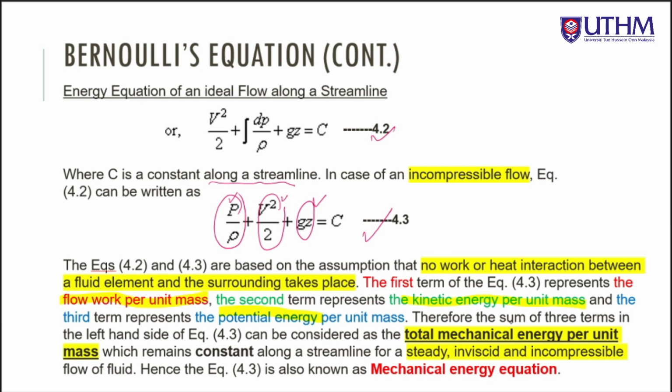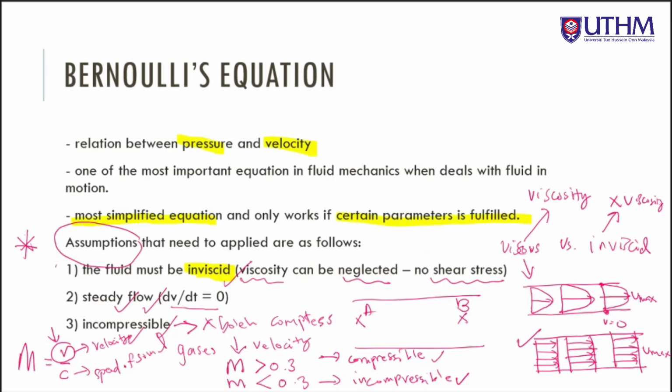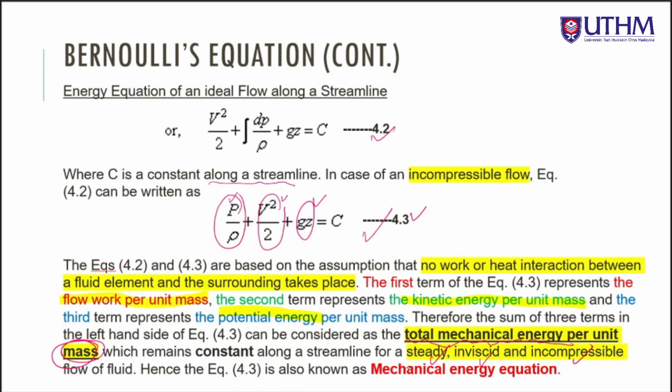Therefore the sum of these three terms on the left hand side of equation 4.3 can be considered as the total mechanical energy per unit mass, which remains constant along a streamline for a steady, inviscid and incompressible flow of fluid. And macam assumptions that we have to make earlier, in order for us to apply the Bernoulli equation, the flow must be steady, inviscid and incompressible. Hence, this equation is also known as the mechanical energy equation.